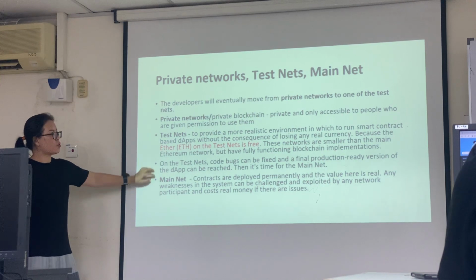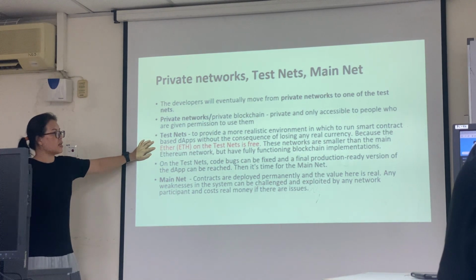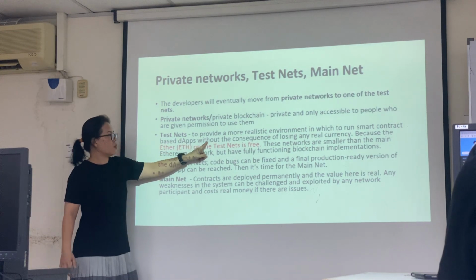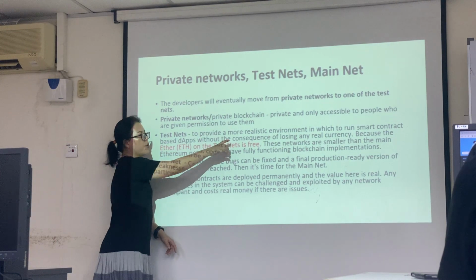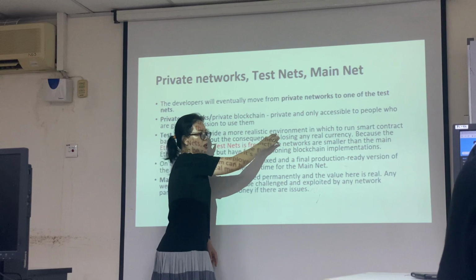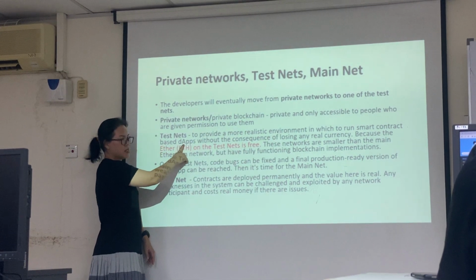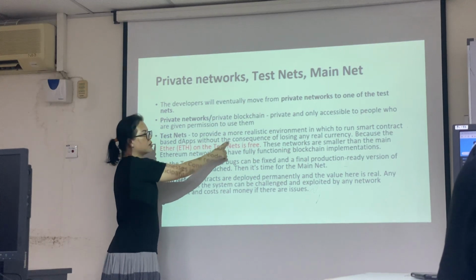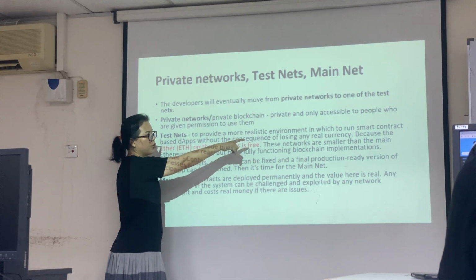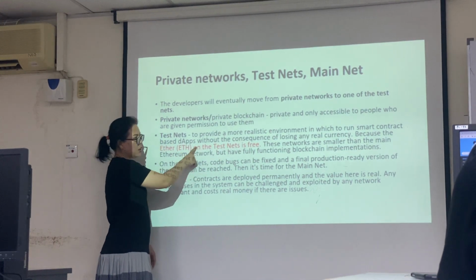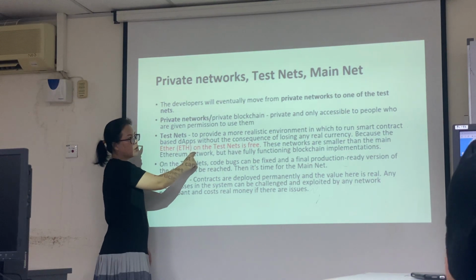So here we use a testnet to provide a more realistic environment for the developer to run the smart contract of the DApp without the consequence of losing real currency, because the money is not real.